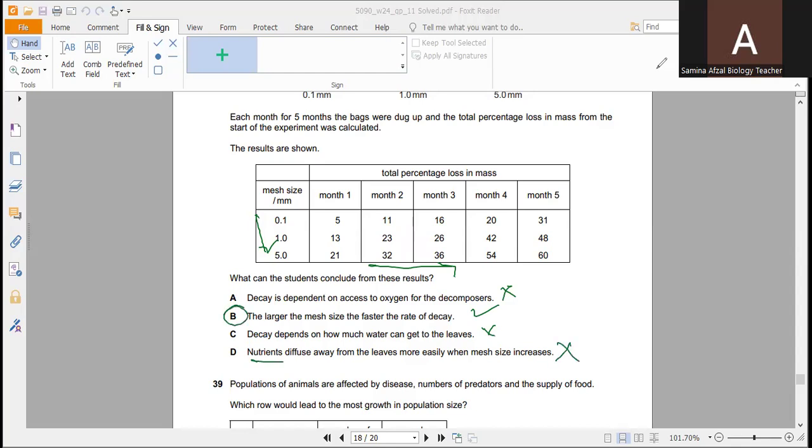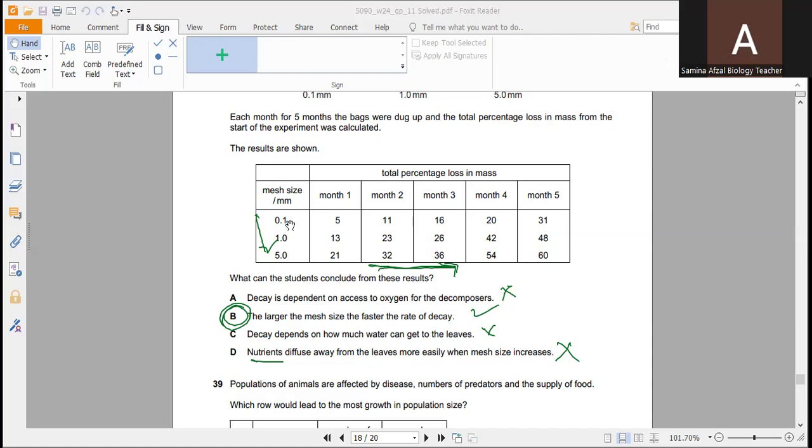Only option B is clear. As the mesh size is increasing, the decaying process is also increasing. So the decay is at a faster rate. So B is the correct option.